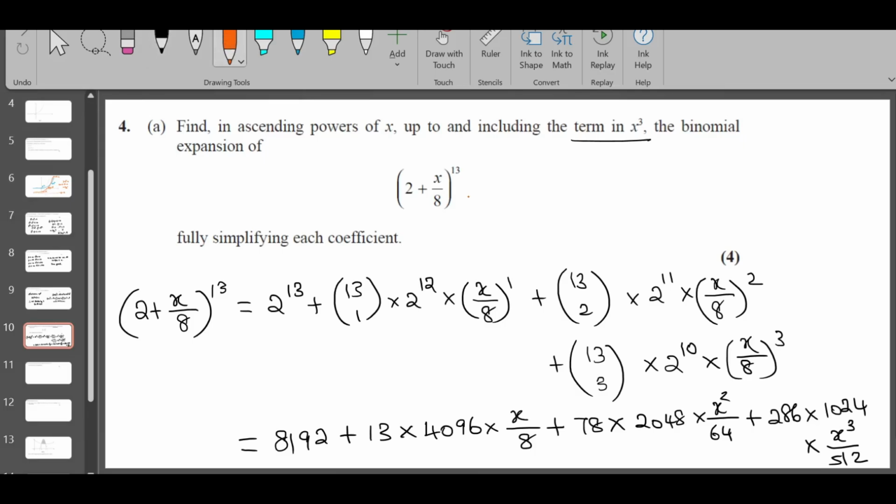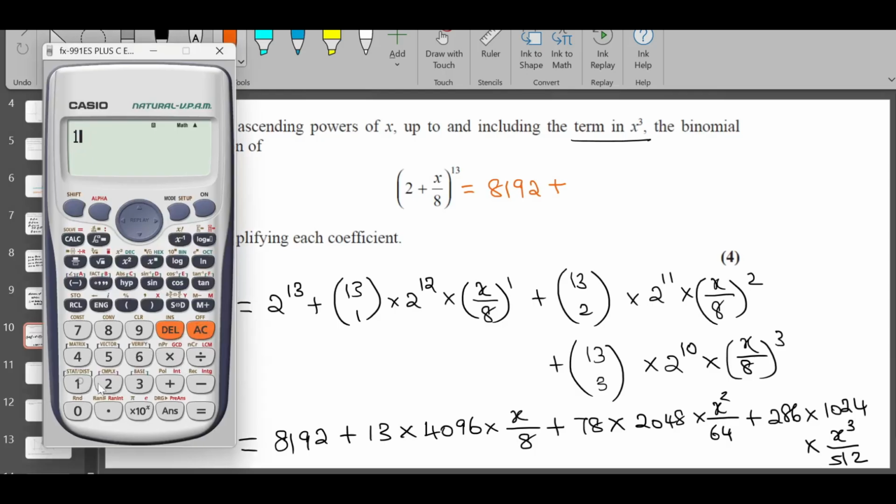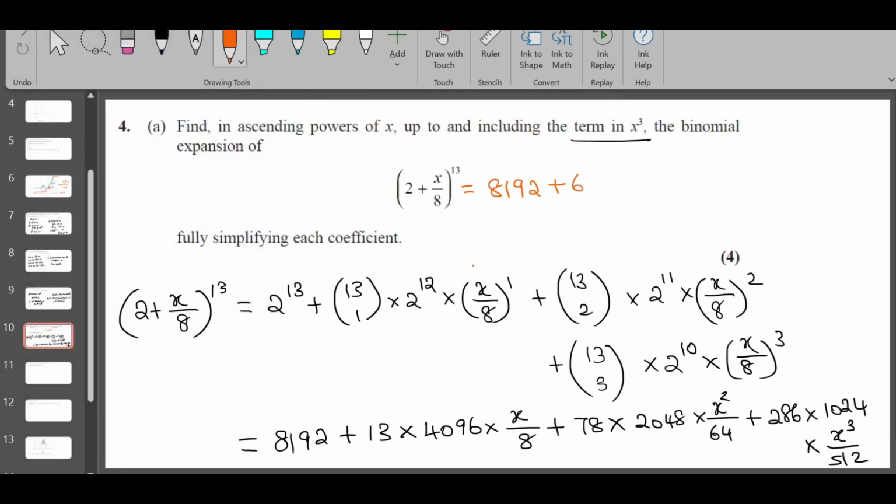So in the next step you can write, it's going to be 8192 plus 13 times 4096 divided by 8, 6656, 6656x plus.